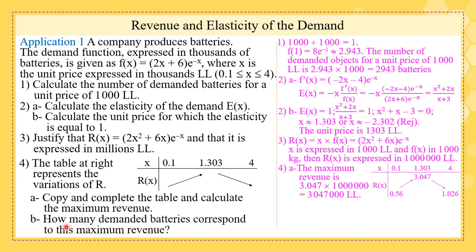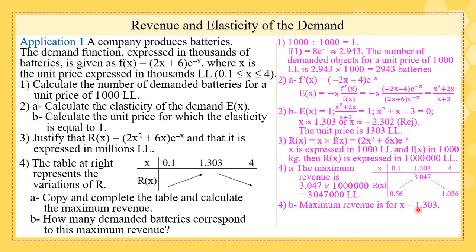B. How many demanded batteries correspond to this maximum revenue? In this part, we need to find the demand that corresponds to the maximum revenue. First, we find the price for which the maximum revenue is attained. Hence, the maximum revenue is attained at x equals 1.303.